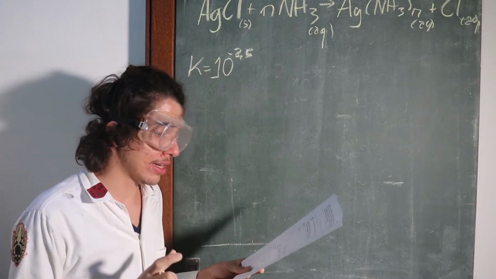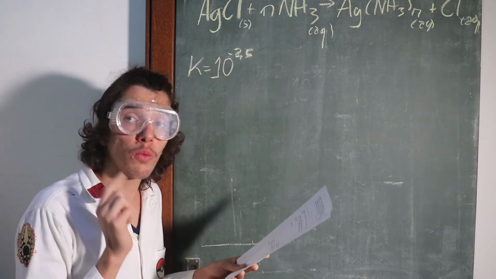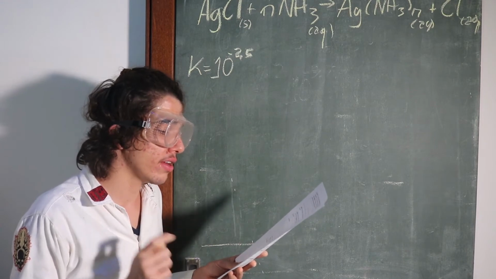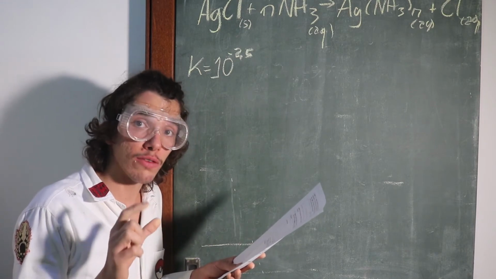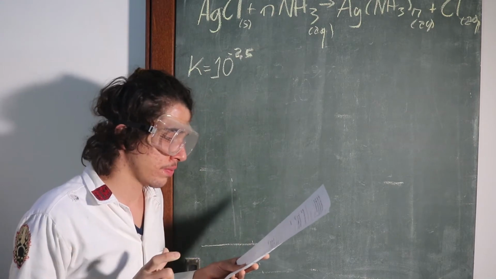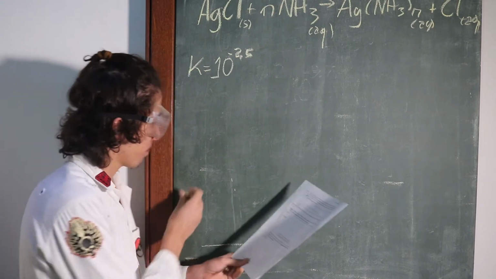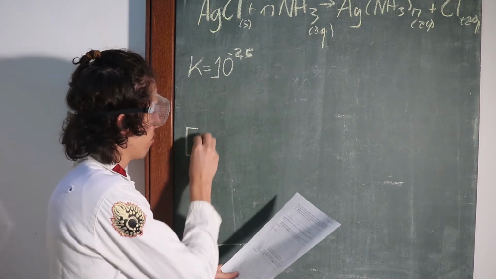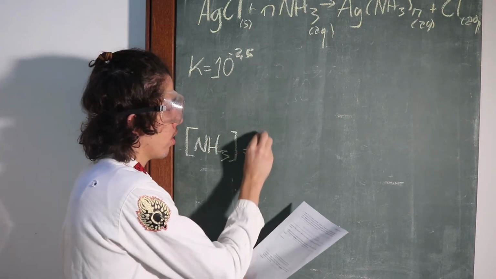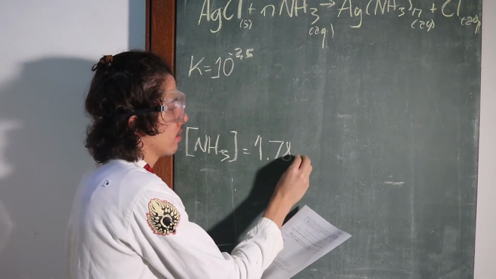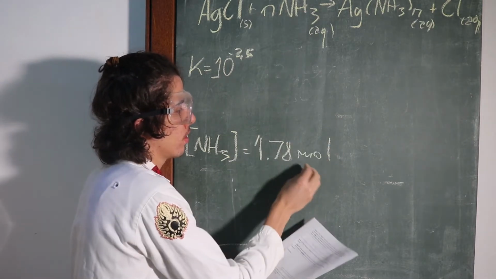Ammonia is added to 0.1 mole of silver chloride in 1 liter of water until the last grain of solid disappears. At this moment, the concentration of ammonia is equal to 1.78 mole per liter.